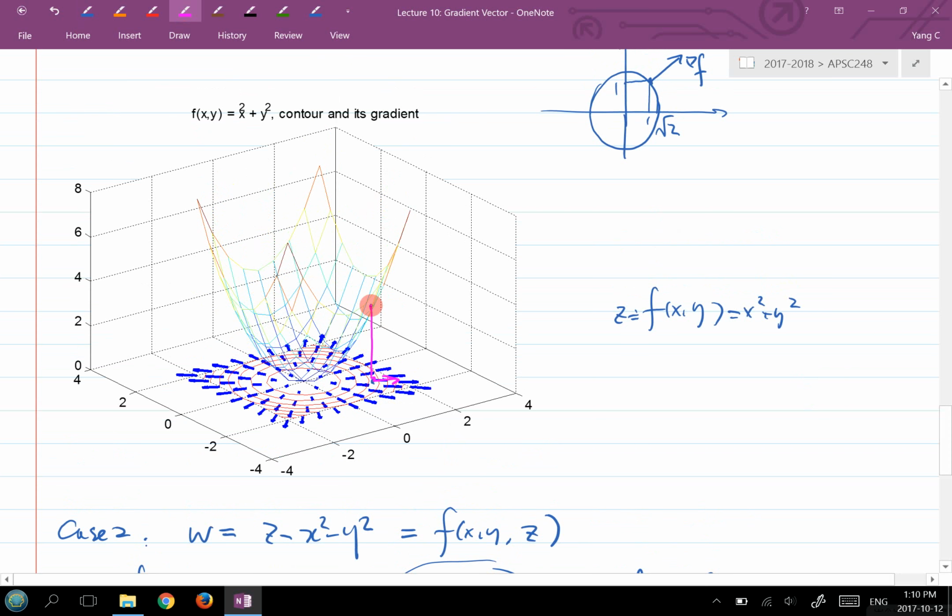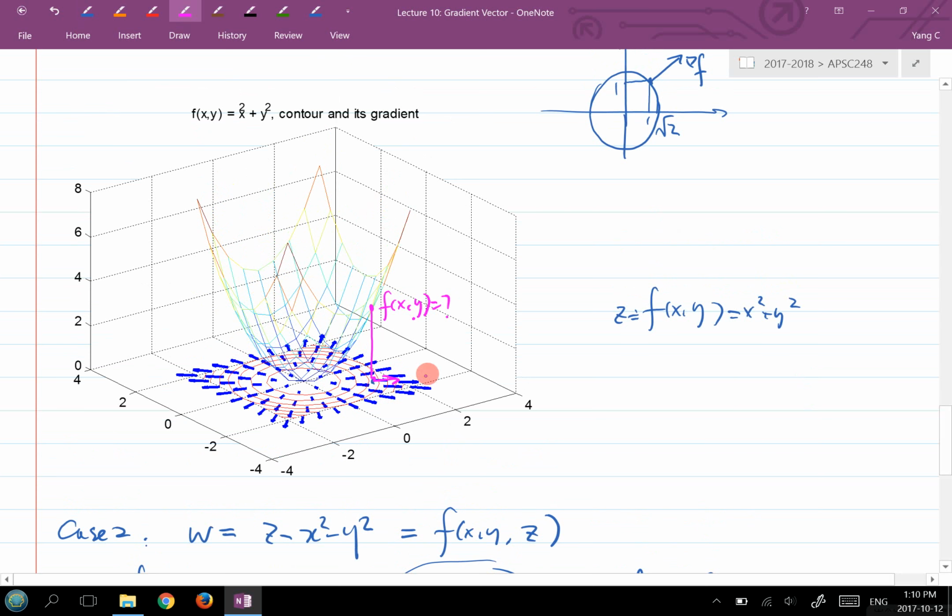Correspondingly, that point corresponds to a value for this function f at this location, right? So z equals something, or f of x, y equals something. So now you have a vector pointing in that direction.